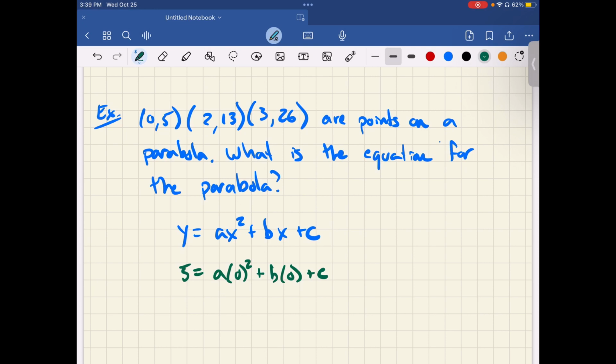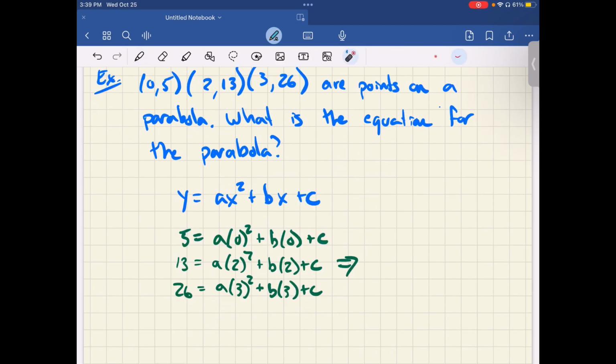And then if I continue to do that for the rest of them, plug in the x and y for the 2 and 13, and then plug in the xy for the 3 and the 26, we're going to get the following equations. We get 13 equals a times 2 squared plus b times 2 plus c, and then I have 26 equals a times 3 squared plus b times 3 plus c.